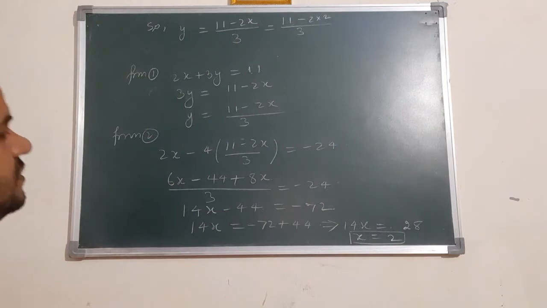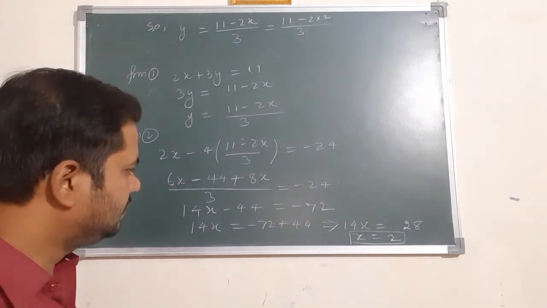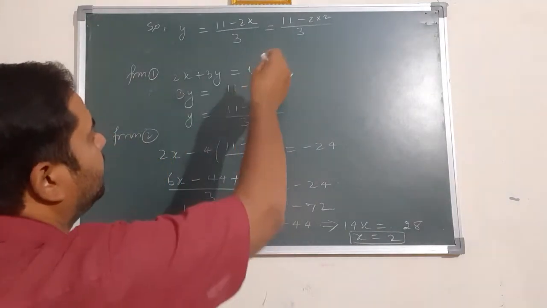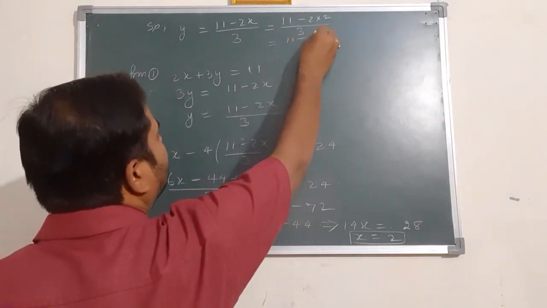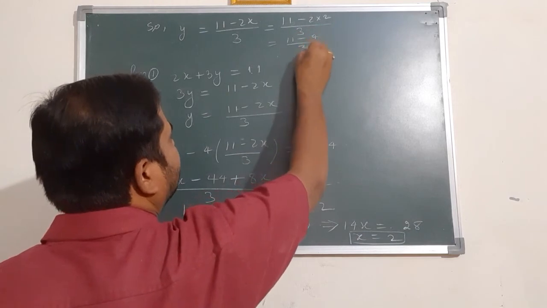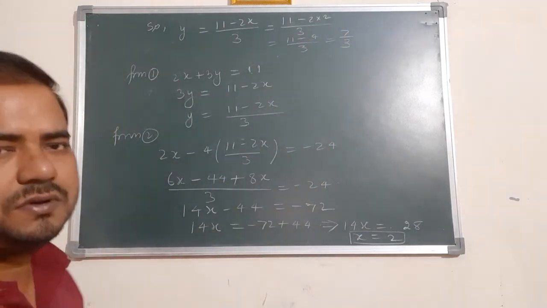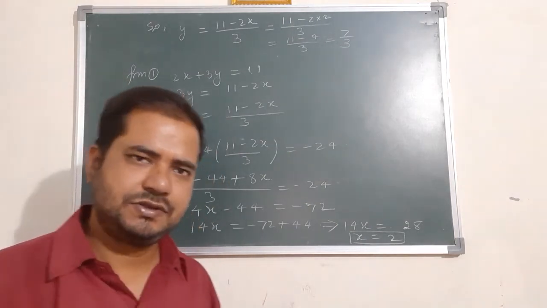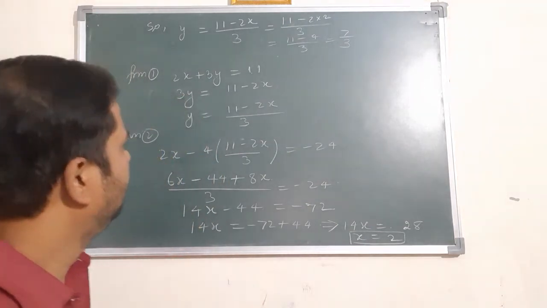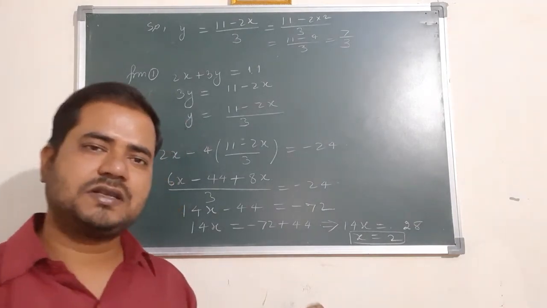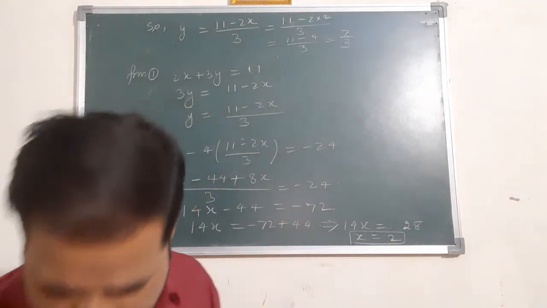Okay. So this is (11 minus 4) by 3, 7 by 3. So the value of y is equal to 7 by 3. Okay. Now, what is the question? The question is that if you get the value of x and y, then you find the value of m.